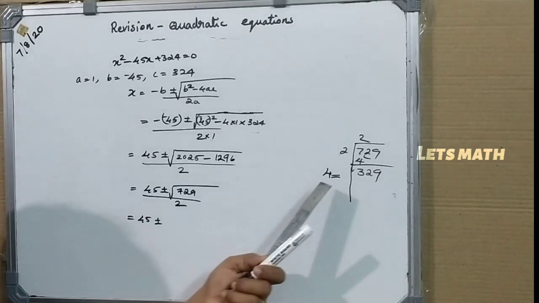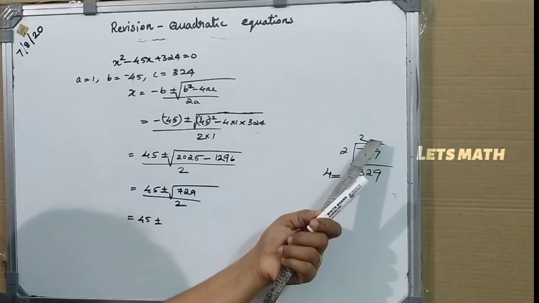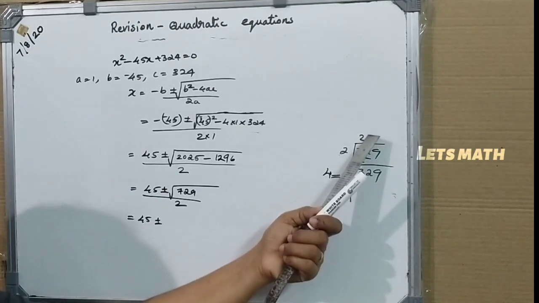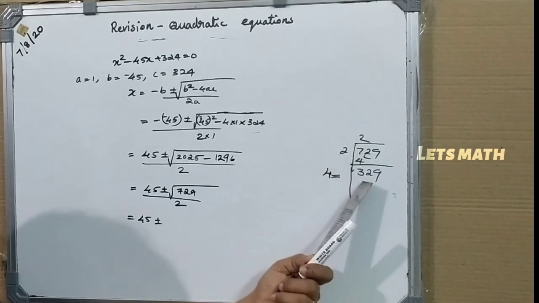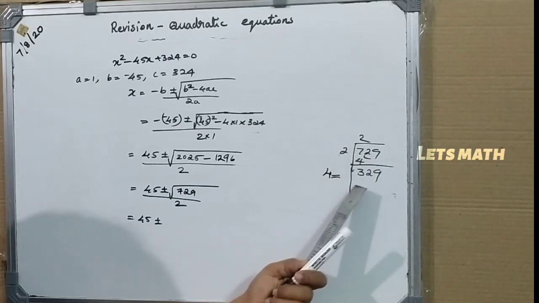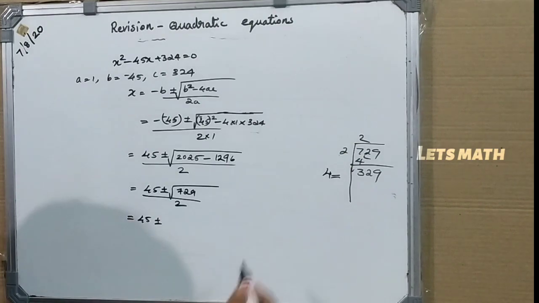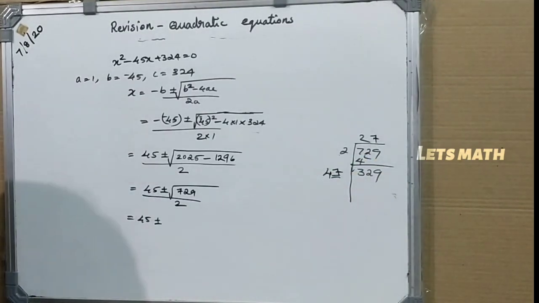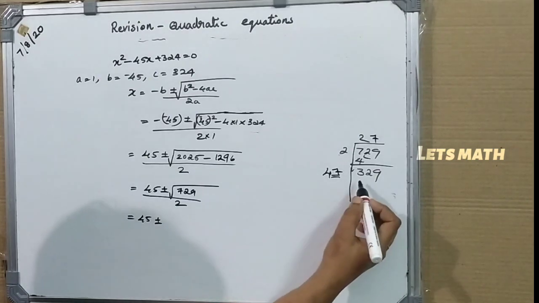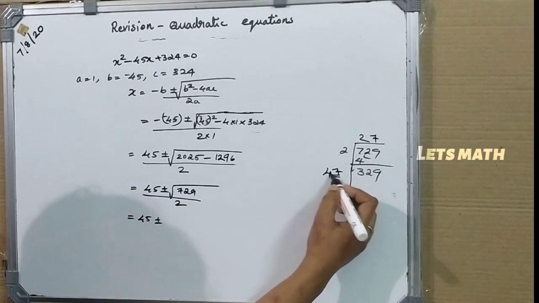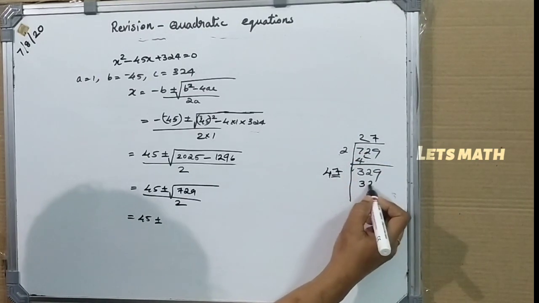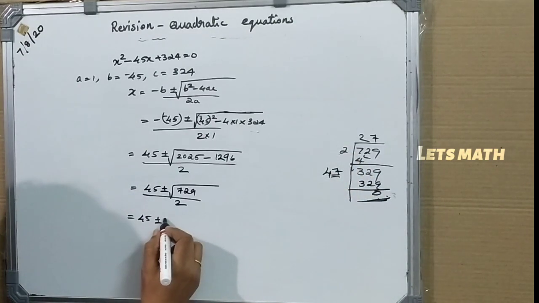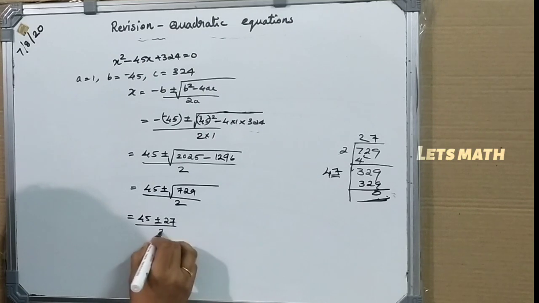If you put 3 here, that 3 must be written here also and multiplied with 43, but that number will be less than 329. So let us write 7 here, and that 7 is to be written here also. When we multiply 47 into 7, we get 329. So the square root of 729 is 27.